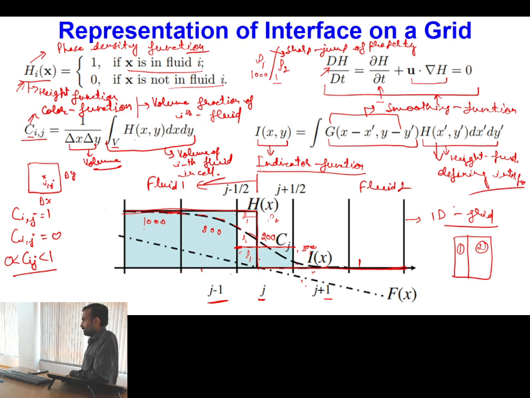Is this point clear? So it means that among all these functions, I can use the height function and the color function for defining the interface, but for specifying the variation of property, I have to use a function like the indicator function. All are clear with this point?